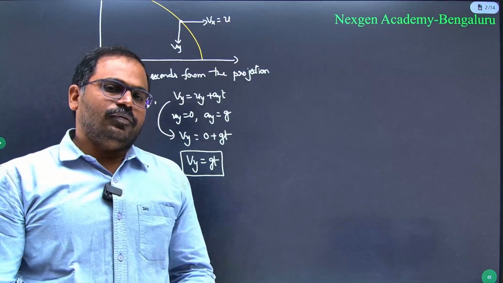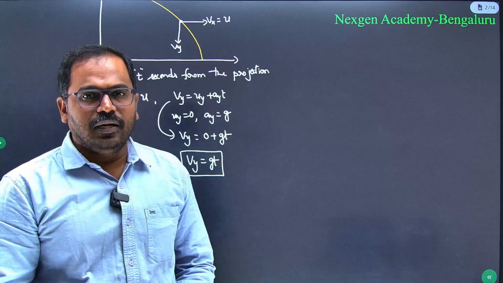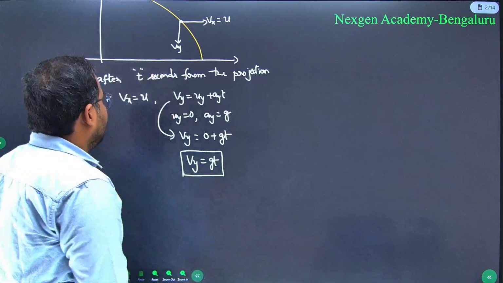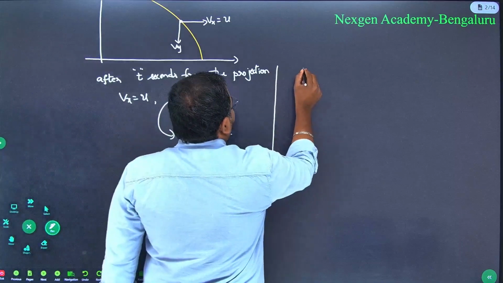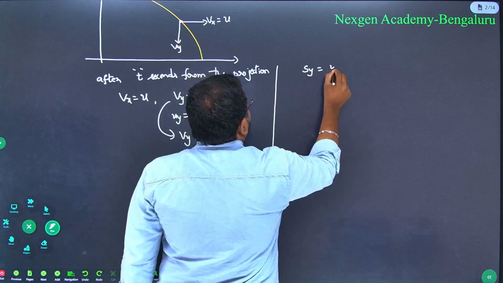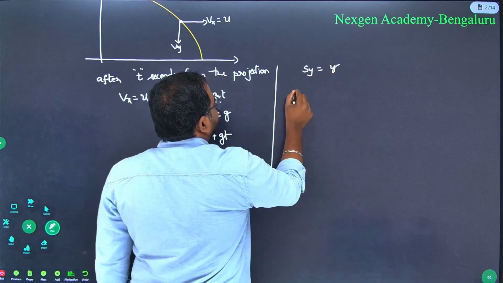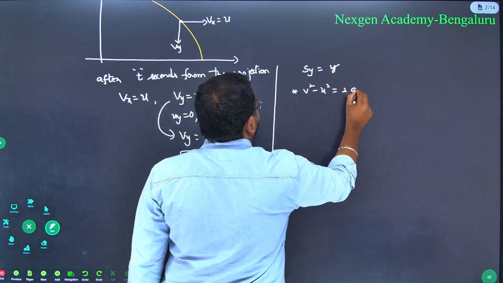Now, sir, in terms of displacement, if you want to find, suppose in the question, in terms of displacement they are asking, then we have another method. Here, look at this. Displacement, vertical displacement, let me take it is y. Now, we can use this equation of motion, v square minus u square equal to 2as.